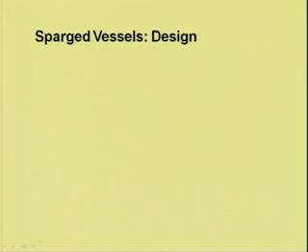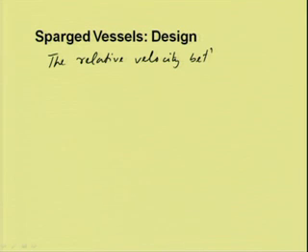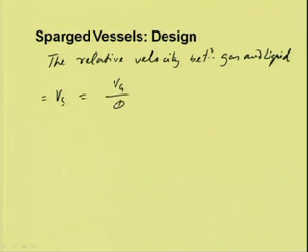So, the relative velocity between gas and liquid is V s equal to V g by phi g minus V L by 1 minus phi g. This is also known as the slip velocity.